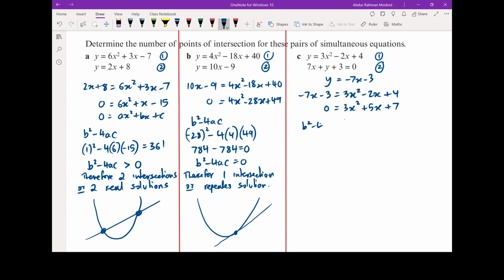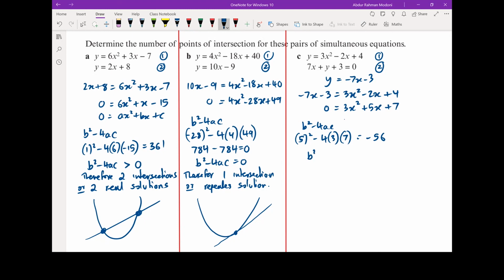Let's work out what the discriminant is to determine the number of intersections here. So 5 squared minus 4 times 3 times 7. And this gets us minus 59.